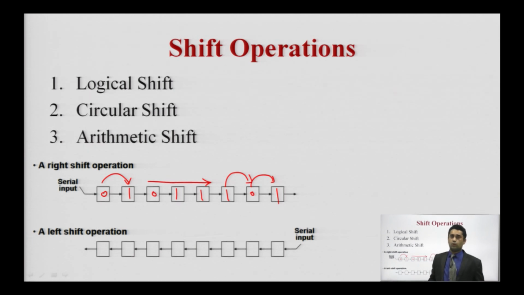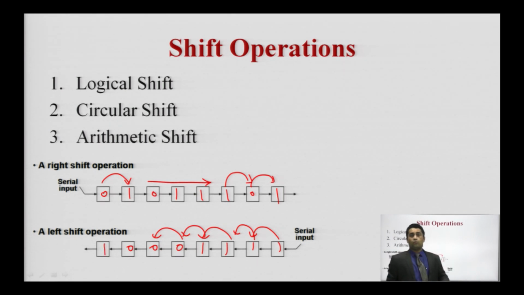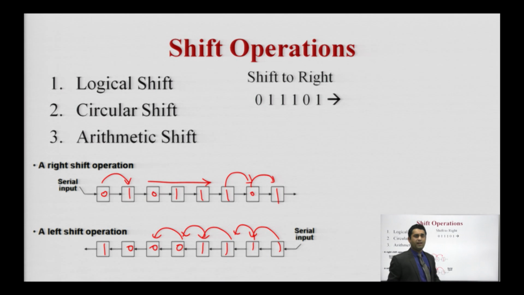When we are talking about the other method, which is the left shift, here all the values are going to shift towards left. Like this. So, this is a case where we are doing a left shift operation, and if we talk about what is the issue, why it is required to use the logical shift, circular shift and arithmetic shift, what is the difference between these.